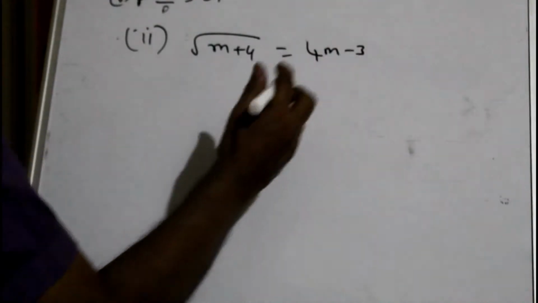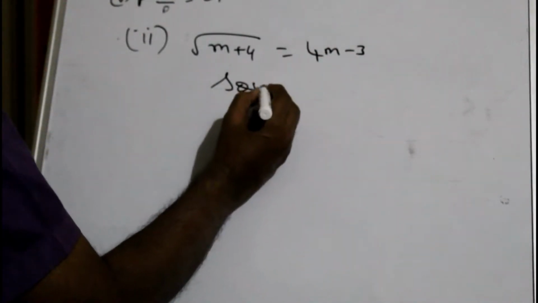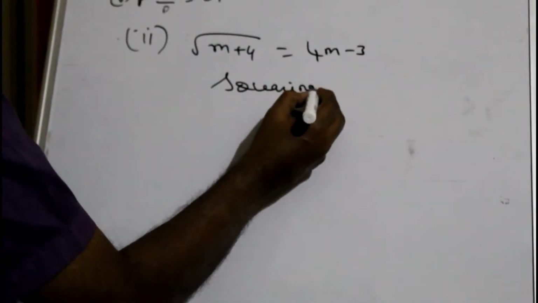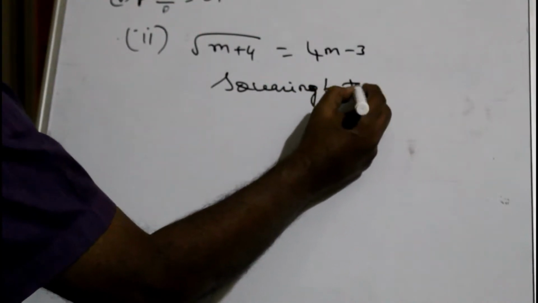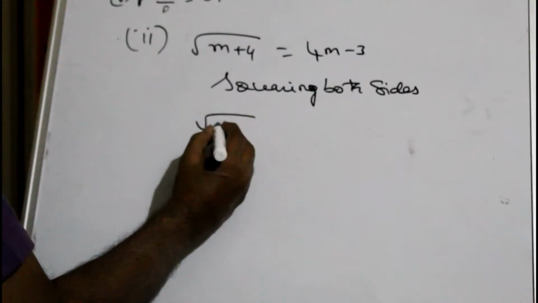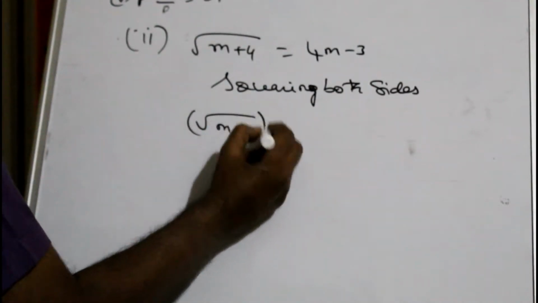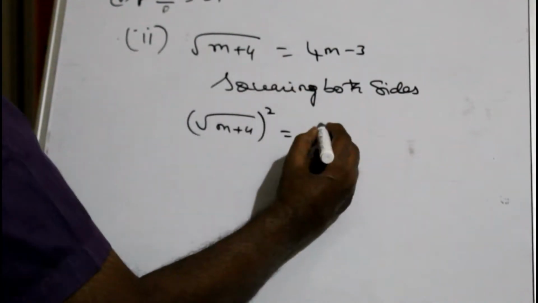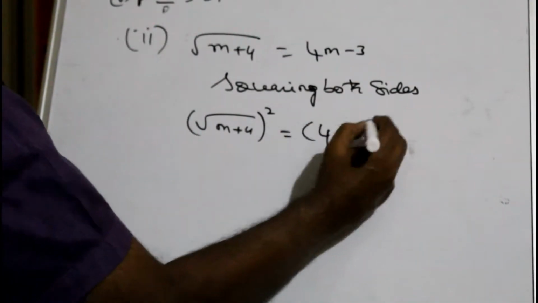So when a root comes, you square both sides. Whenever a root comes, you must square it. Root of m plus 4 the whole square is equal to 4m minus 3 the whole square.